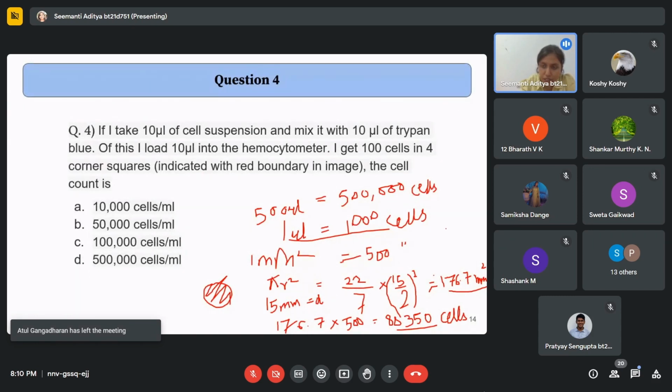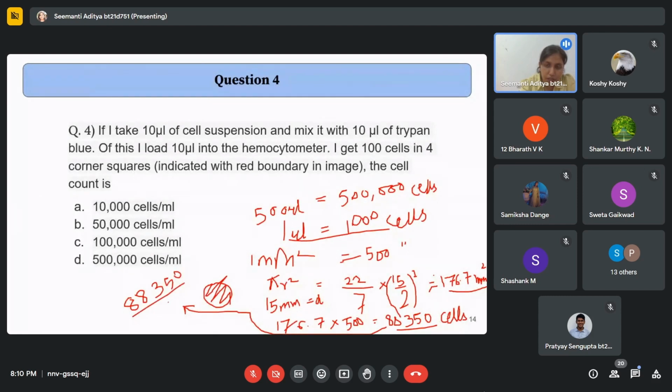So 88,350 divided by 1000. So that is approximately 88 microliter. Okay, understood.